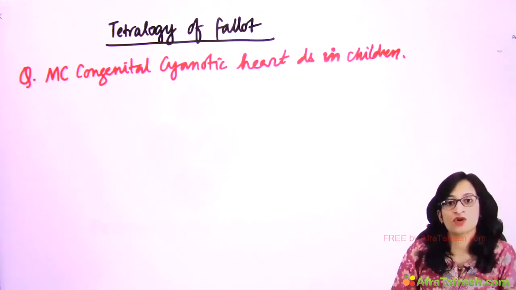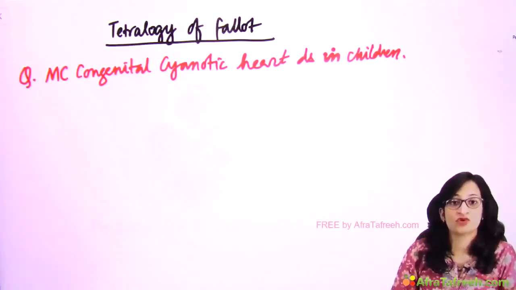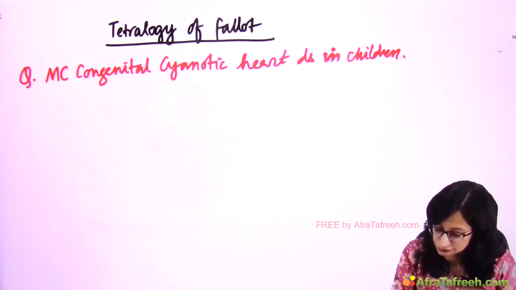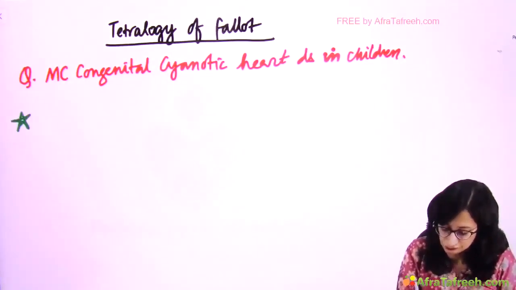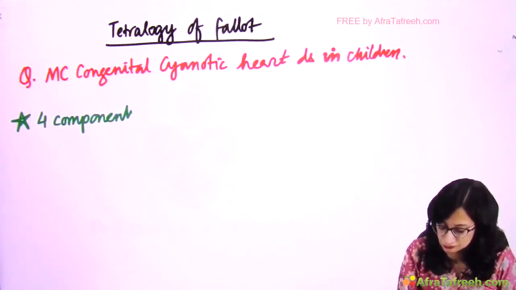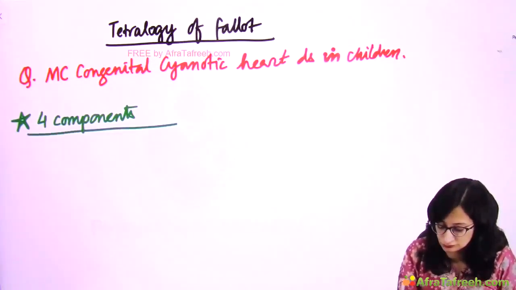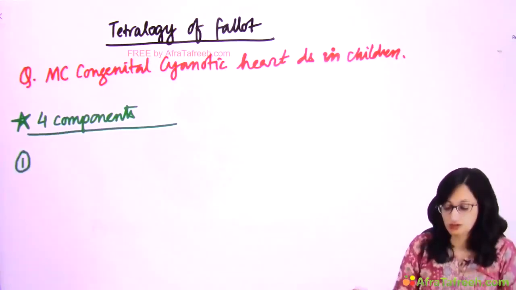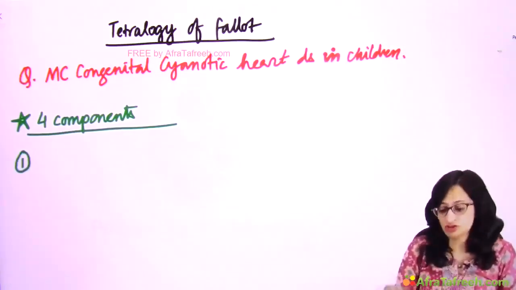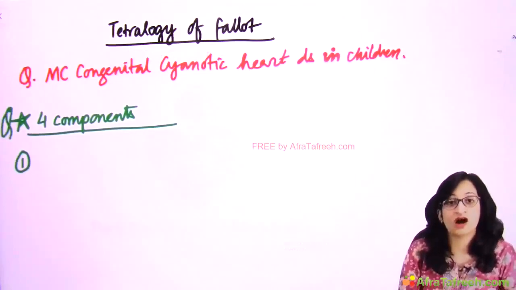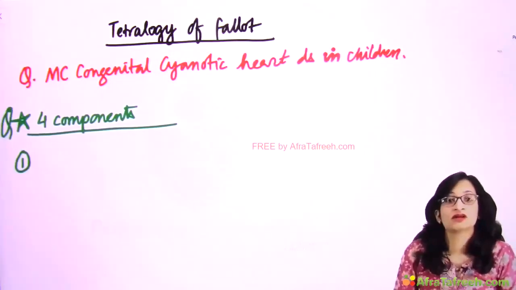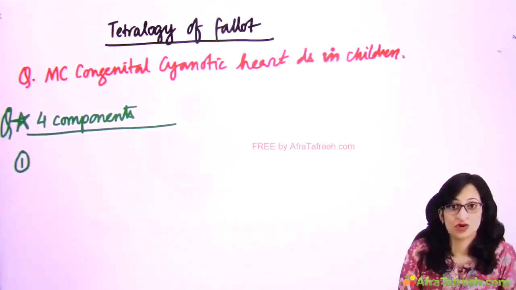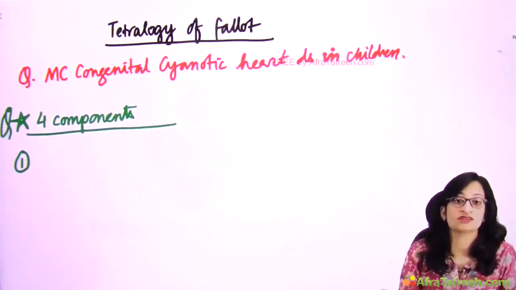All of the following are components of Tetralogy of Fallot except. So we need to know what are the 4 components of Tetralogy of Fallot, right? The 4 components, very, very important, are a large VSD, or it is also called large unrestricted VSD.